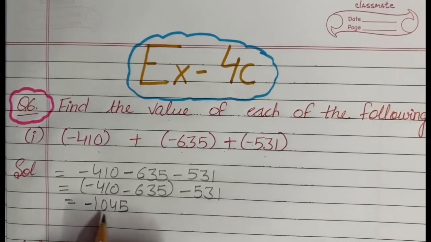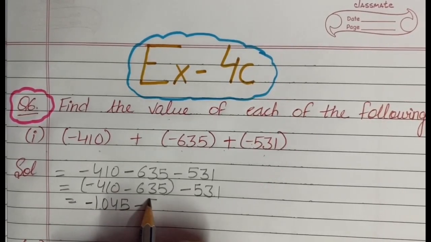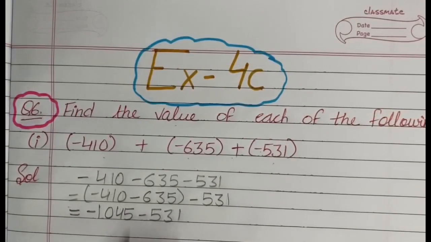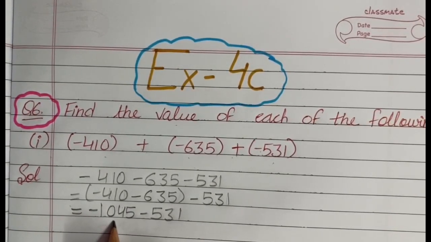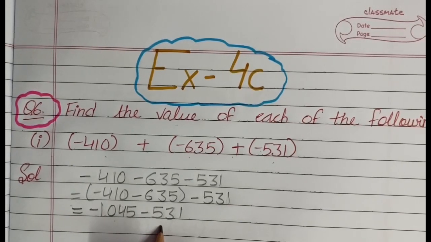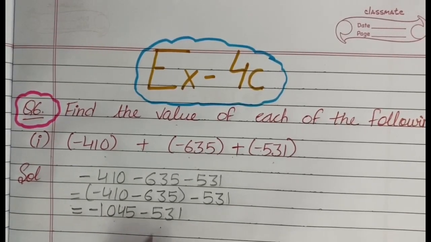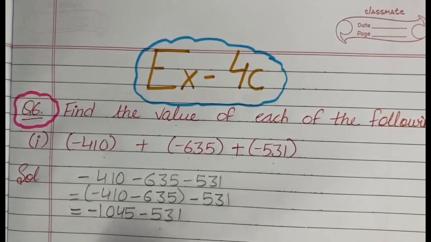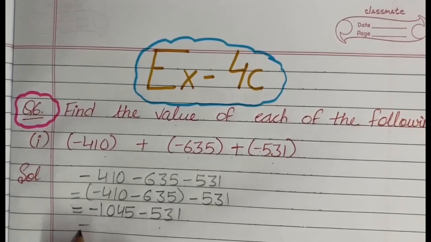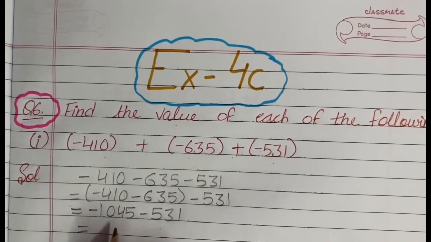Now minus 1045 minus 531. Now 1045 and 531 both are negative. So that means students, what we have to do? Since both are having the same sign, we have to add them, and on adding them, what we will get?